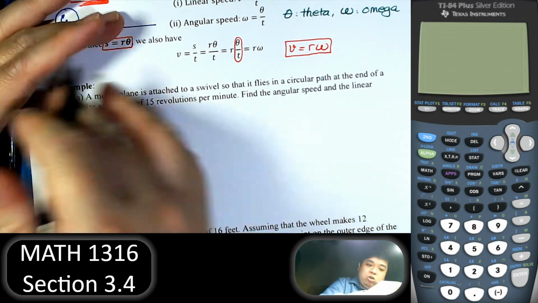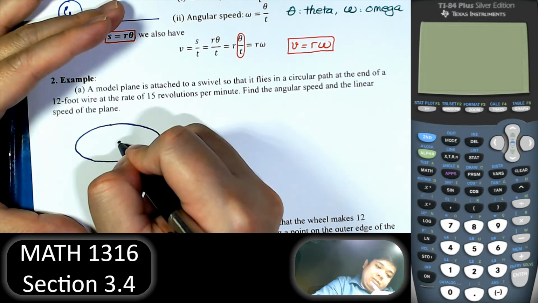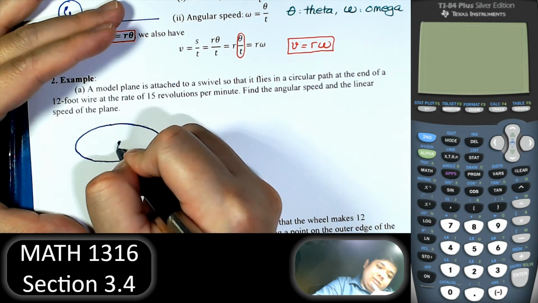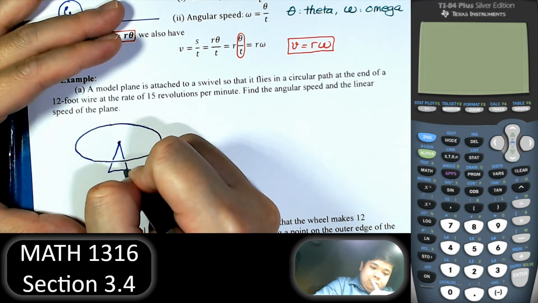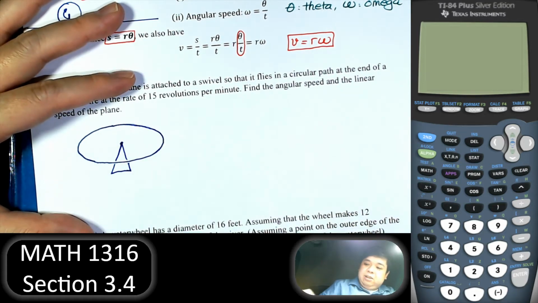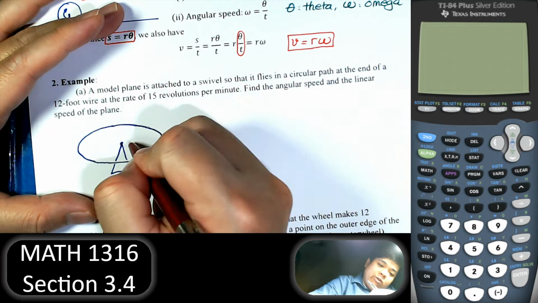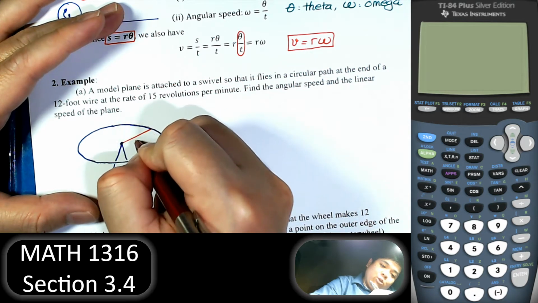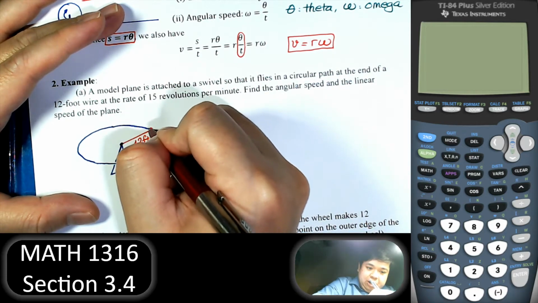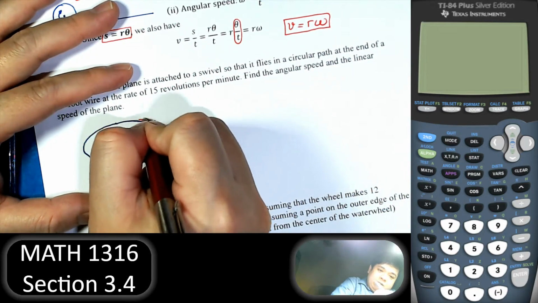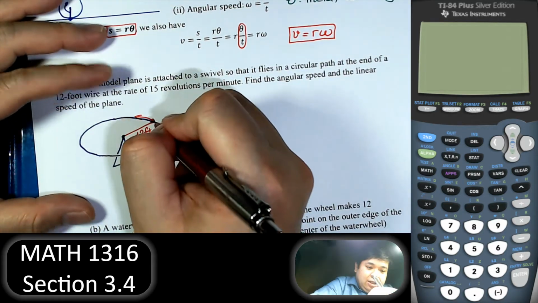So an airplane will travel around the circle. There's a stand and attached to a swivel, so this will be 12 feet, and the airplane will travel around in the circular path like that.